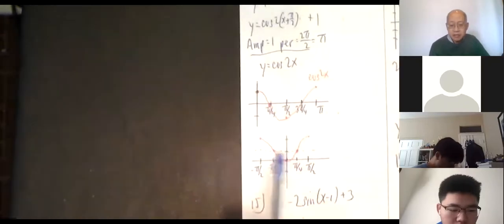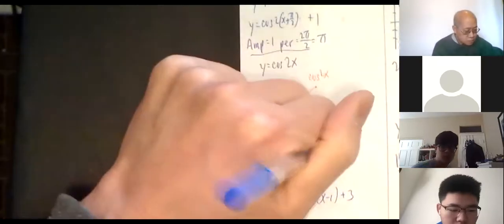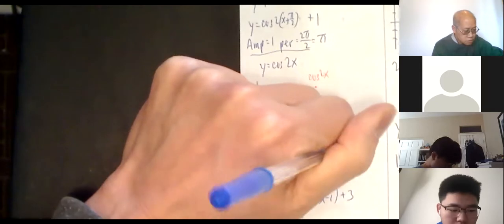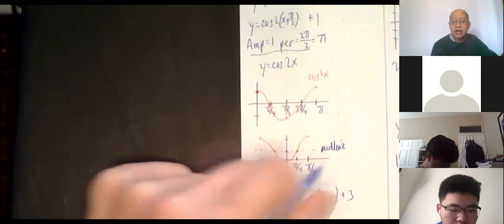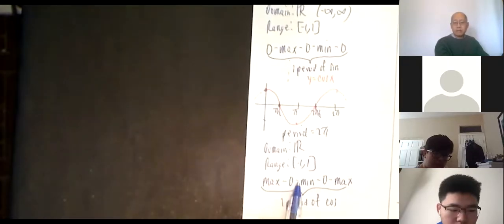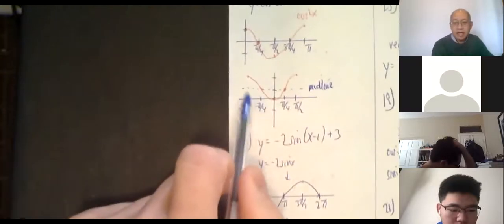Okay. Now this is sometimes called the midline. M-I-D-L-I-N-E, midline. That's where I used to say 0. But it's no longer 0, either here or here. Okay. Because I shifted everything 1 unit up, that midline is now 1.